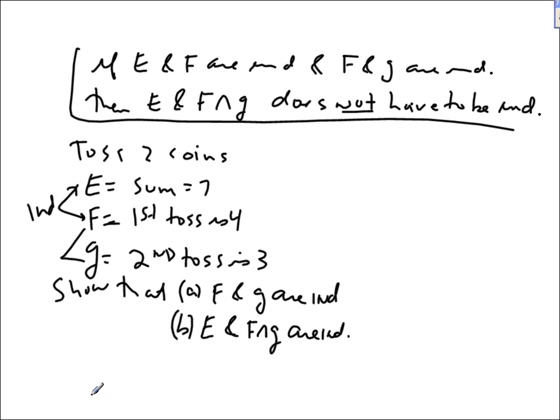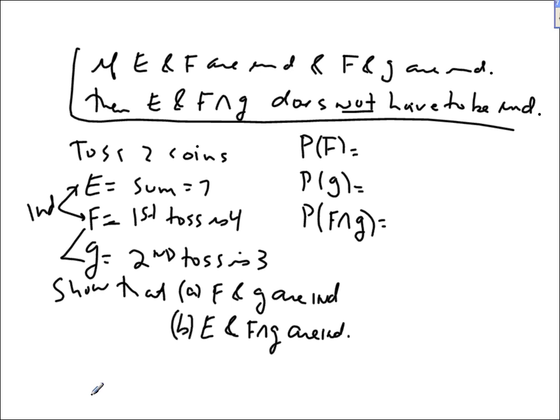Well, to show that F and G are independent, the probability of F, the probability of G we need to know, the probability of F and G we need to know.